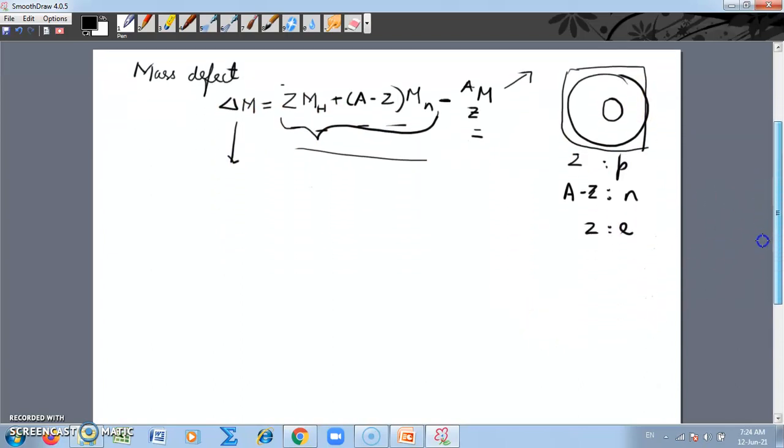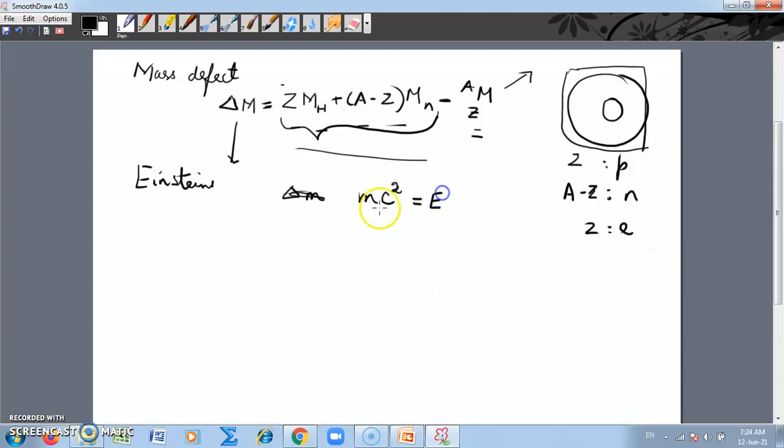Now this delta M, where did this mass go, was a question that seemed to have bothered the scientists during that time. But then Einstein's mass energy relation was like this, that if I have a quantity of mass M, then it is equivalent to an energy mc square.